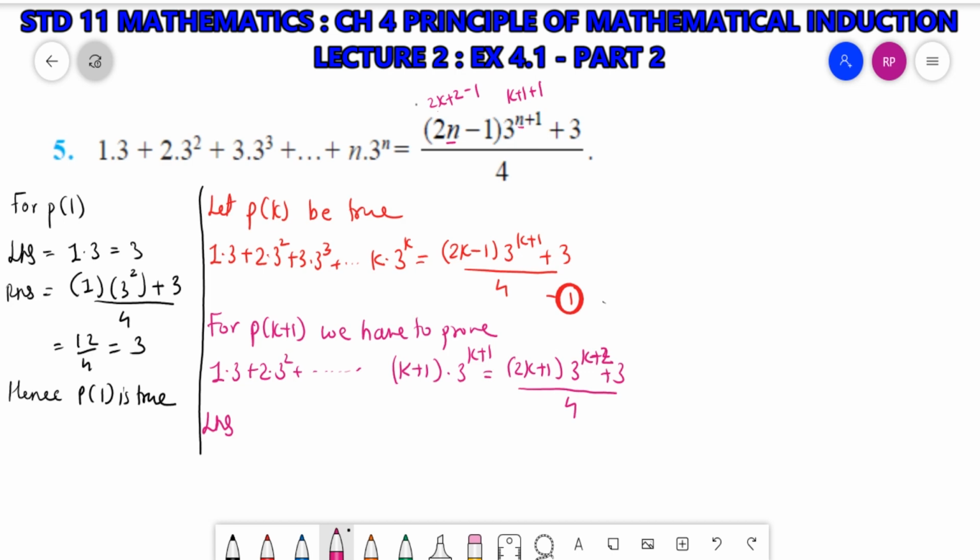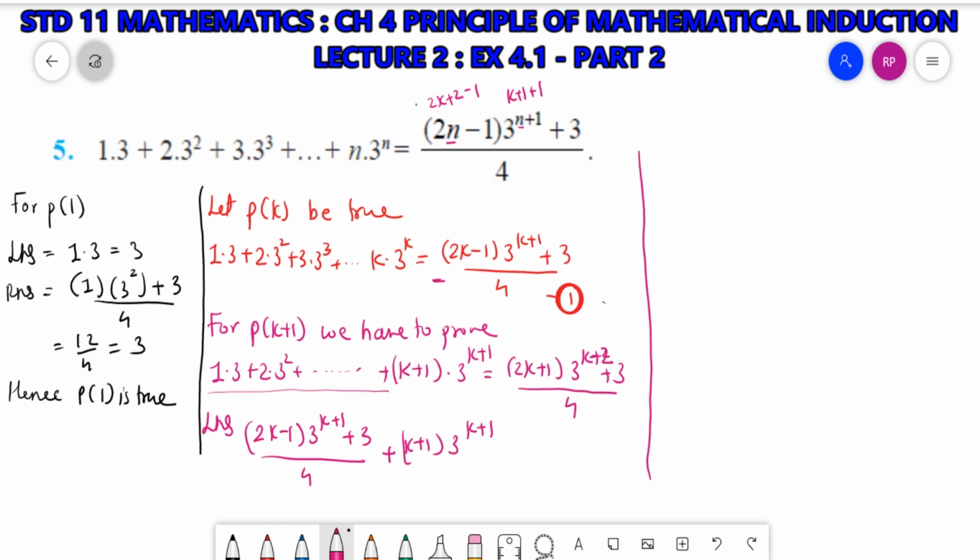Okay, so now let's take LHS. Now see, we were using the shortcut. Till here, before this term, it will be k into 3 raised to k plus 1. So I will take this (2k minus 1), 3 raised to k plus 1, plus 3 upon 4, plus, for the last term here, (k plus 1), 3 raised to k plus 1. Okay, so now let's take the LCM.